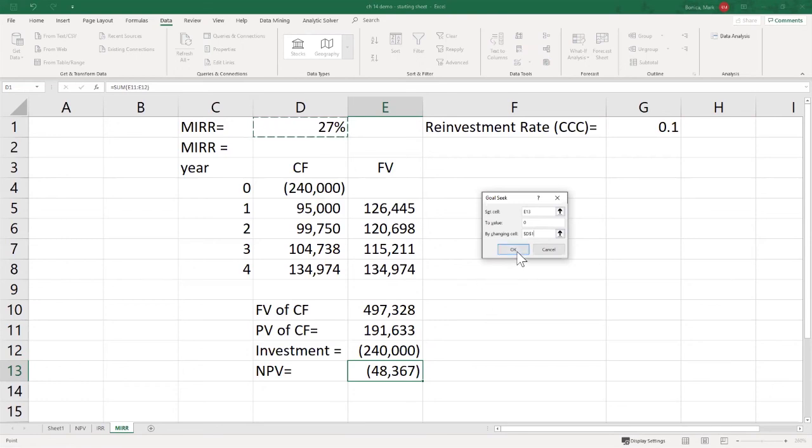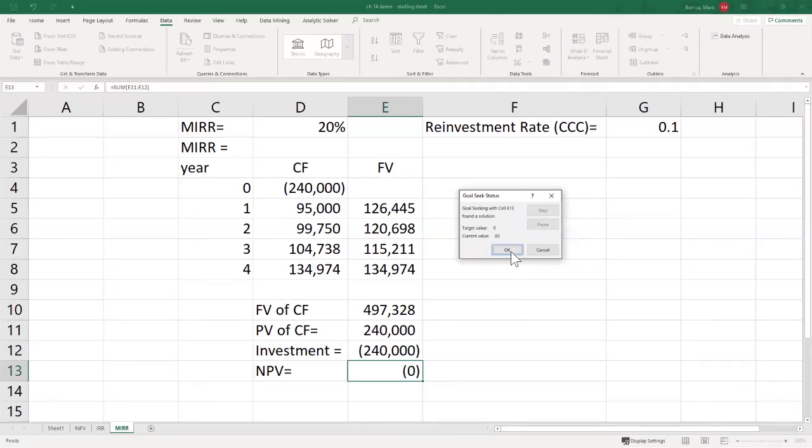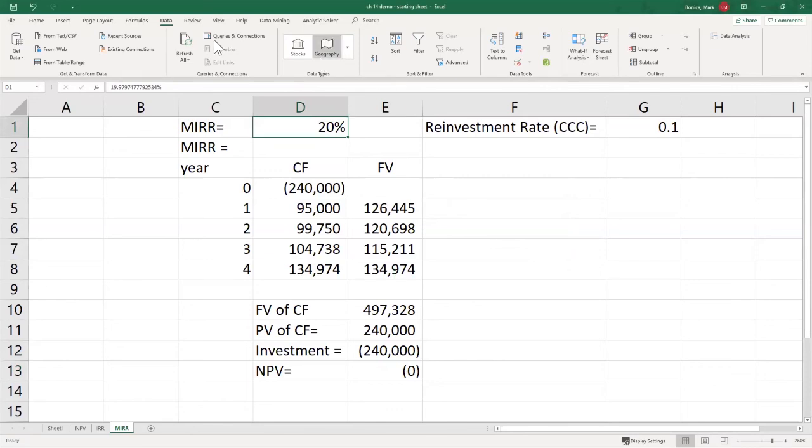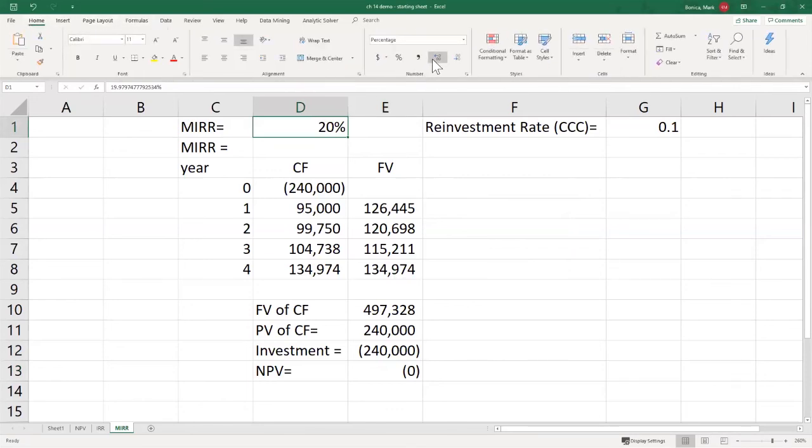Okay, so if you've got all that, just hit OK, and Excel crunches through it, and you wind up with approximately 20%. We can get a little bit more granularity, and it's actually 19.98%.